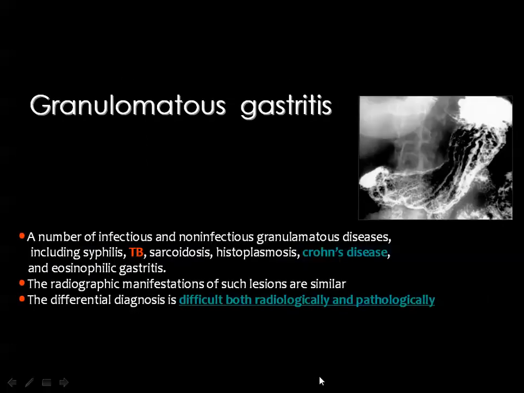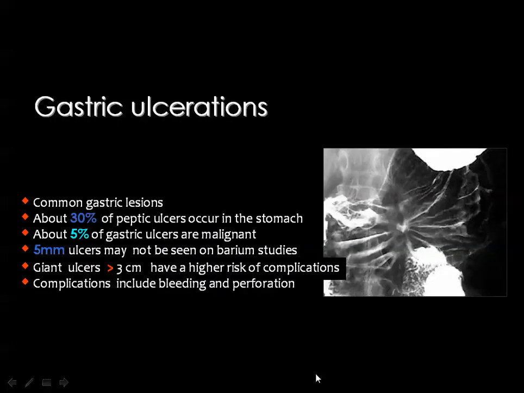Then one type of gastritis is what we call granulomatous gastritis, and many diseases can cause this type of gastritis, like TB, sarcoid, histoplasmosis, Crohn's disease, and eosinophilic gastritis. You should remember that we cannot discriminate between these types of granulomatous gastritis by radiology, and even by histopathology.